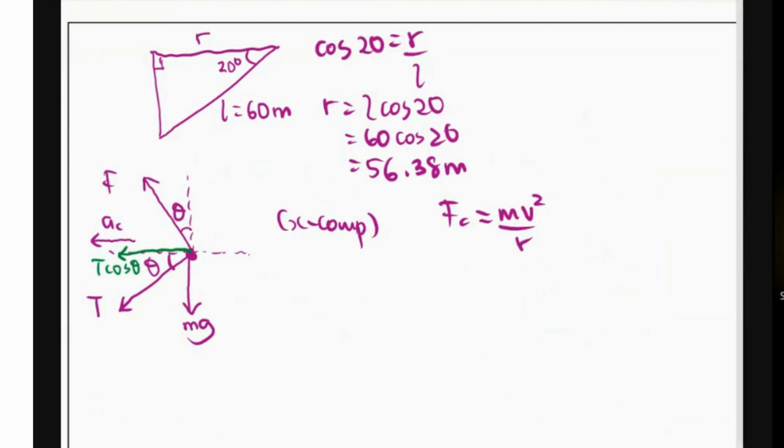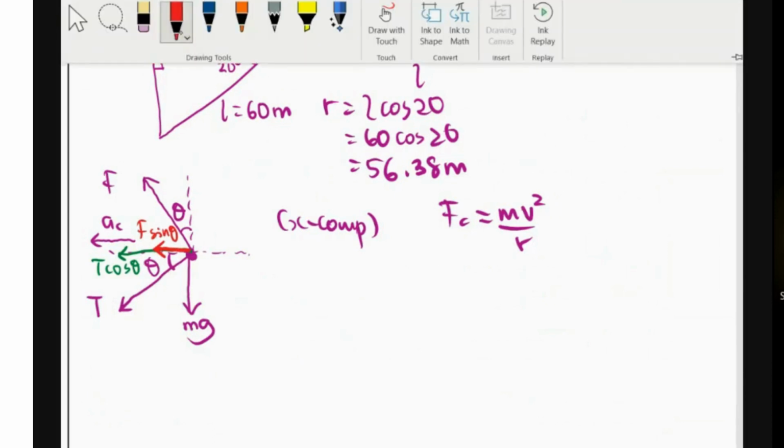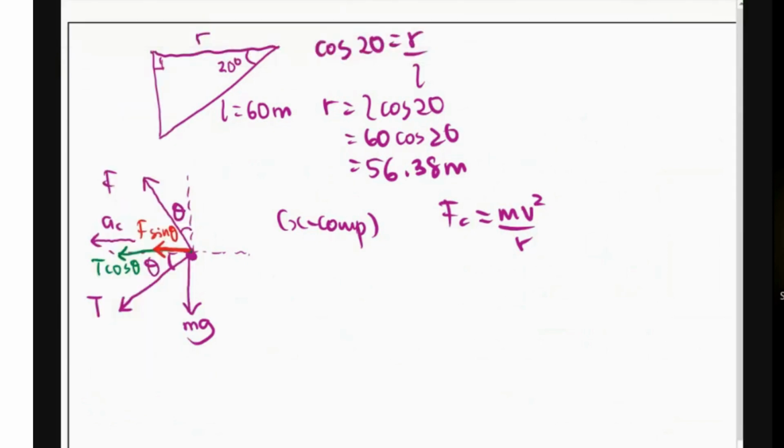So F is on the second quadrant, so it has Fx, which is to the left. So this Fx is F sine theta. And the weight has no X component. So it means the forces that are responsible for the centripetal force are T cos theta and F sine theta.